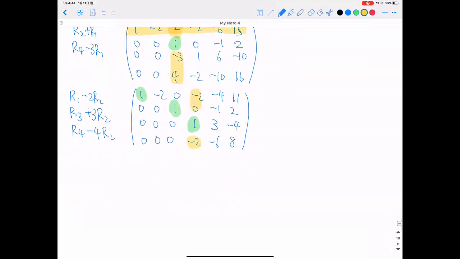And the operations for that would be, take R1 add 2 R3, and take R4 add 2 R3. They'll keep R2 and R3. And R1 becomes 1 minus 2, 0, 0, 2, 3. And R4 becomes, guess what, completely 0.